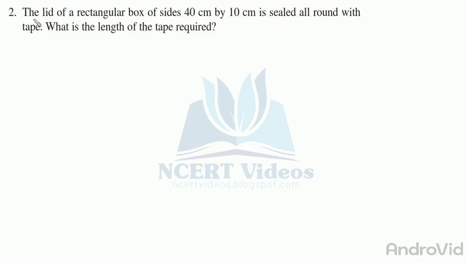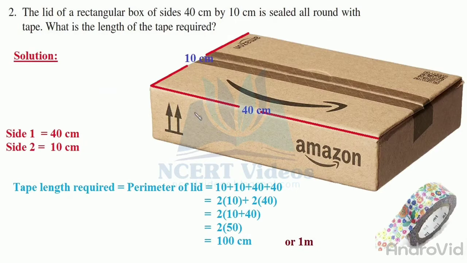Question second. The lid of a rectangular box of sides 40 centimeter by 10 centimeter is sealed all round with tape. What is the length of the tape required? So as you can see here, it is a box and this is the lid. This is rectangular in shape.